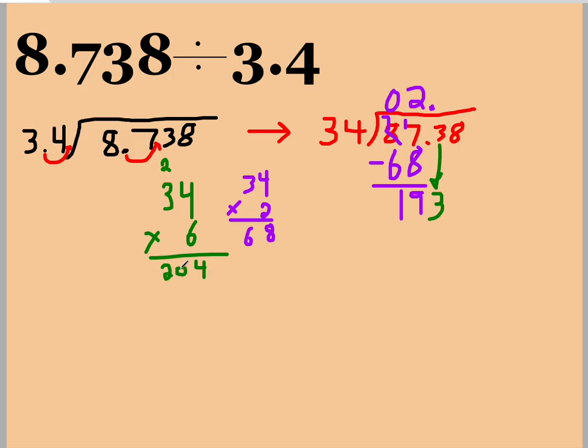So this is a little too much. So let's go one lower. Let's go 5. 34 times 5. I like to work them out on the side usually, or like in a notebook, because then I don't use all my room that I need over here. So 20. 5 times 3 is 15. Add 2 more is 17. So I have 170.